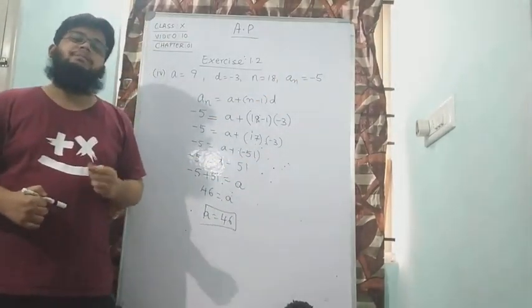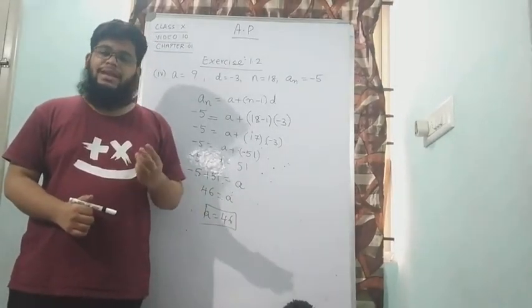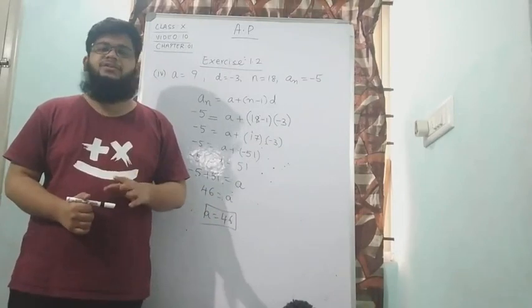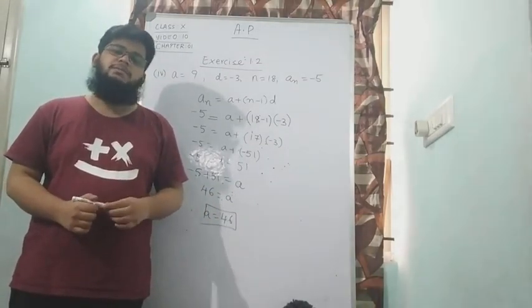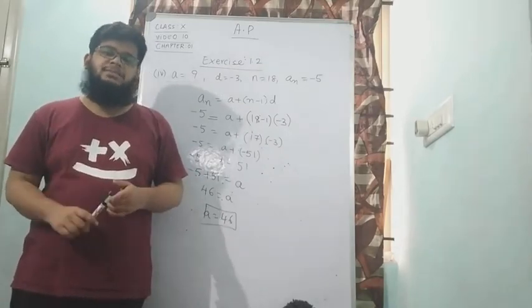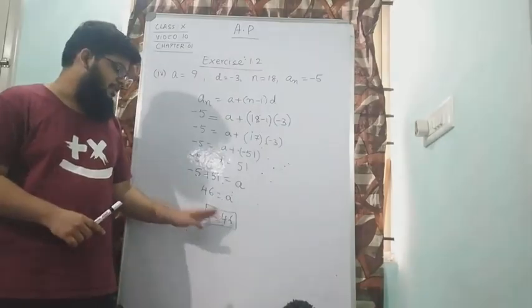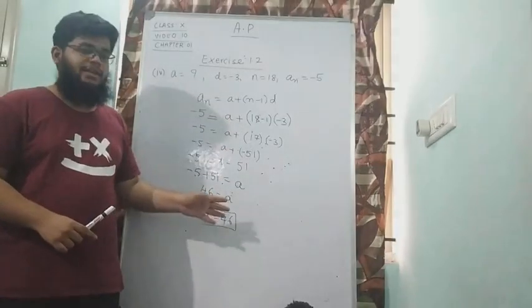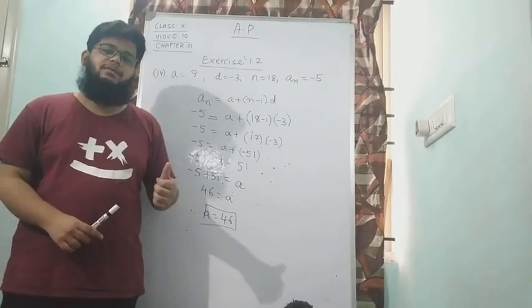So how do we become perfect in this exercise? We have to take random values for any three terms in the formula, keep one value as missing, and then try to do the problems. So in earlier problems we have seen if n is missing, what do we do? If an is missing, what should we do? Like that in this problem a was missing, and how do we find out? So we have to remember a very simple rule. Step number 1, write the formula.